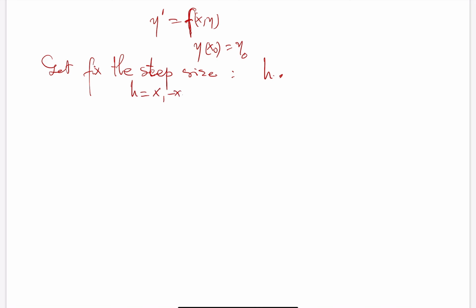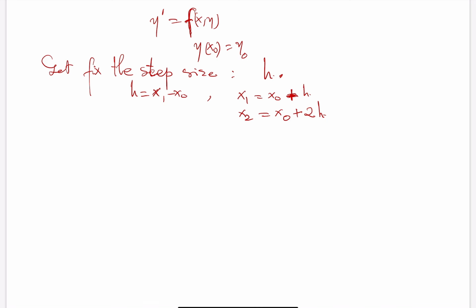x1 minus x0, or you can just say x1 is equal to x0 plus h, and x2 is equal to x naught plus 2h.